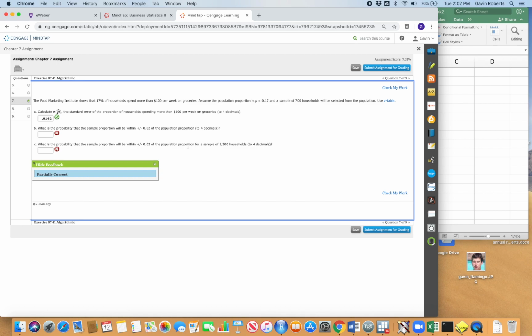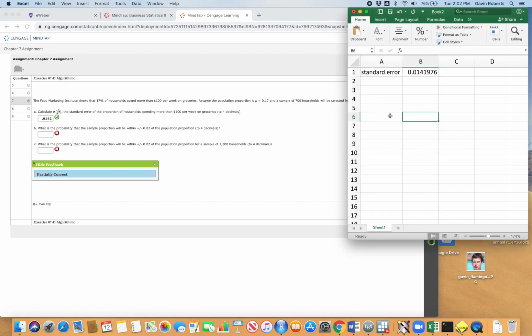It's green. Okay, cool. So I usually check those because I'm pretty sure the next answers are going to depend on that. If we didn't check it, we might just keep going down the wrong path forever, and that'd be lame. What is the probability that the sample proportion will be within plus or minus 0.02 of the population proportion?